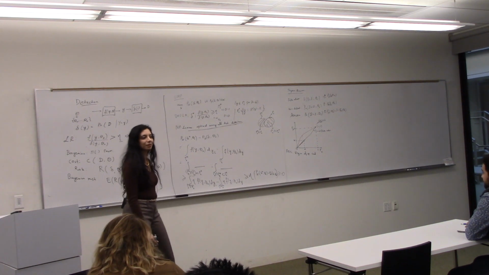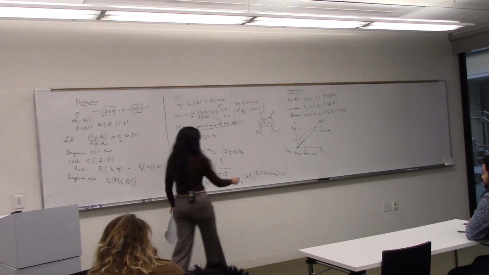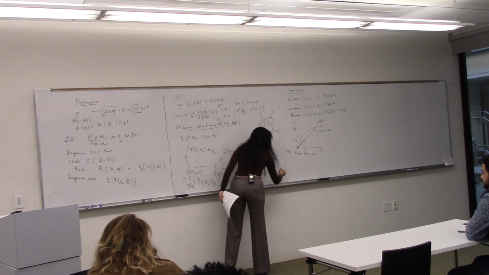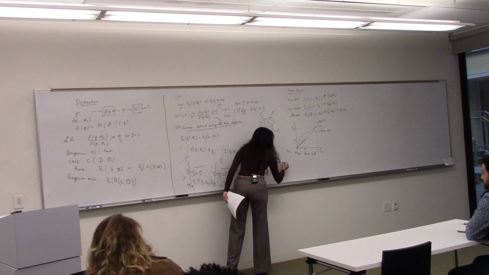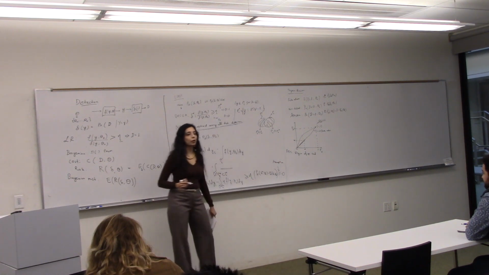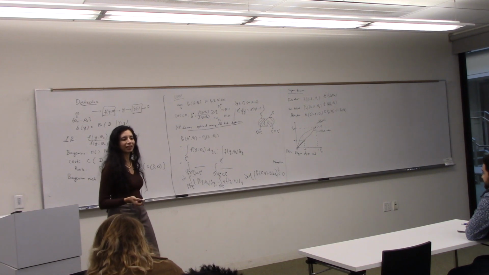Could you explain one more time why the star is bigger than anyone else? Oh, this is the assumption, because you're looking at all detectors whose false alarm is at most the false alarm of the likelihood ratio detector.